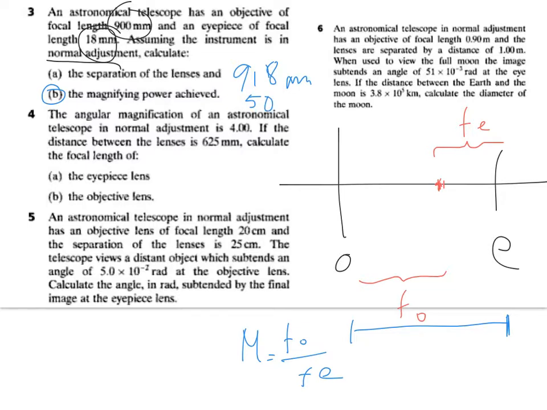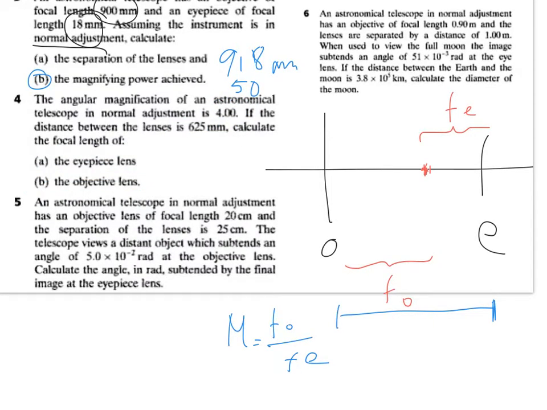The angular magnification in an astronomical telescope in normal adjustment is 4. If the distance between the lenses is 6.25, calculate the focal length of the eyepiece and the objective lens. Okay, so to do this question, you're going to have to come up with two formulas. We know that the distance between the lenses is the addition of both focal lengths.